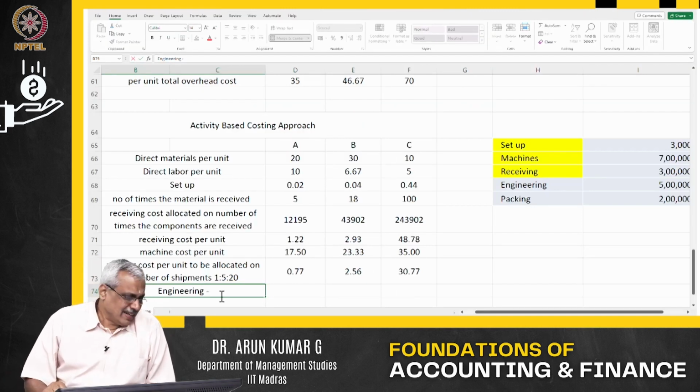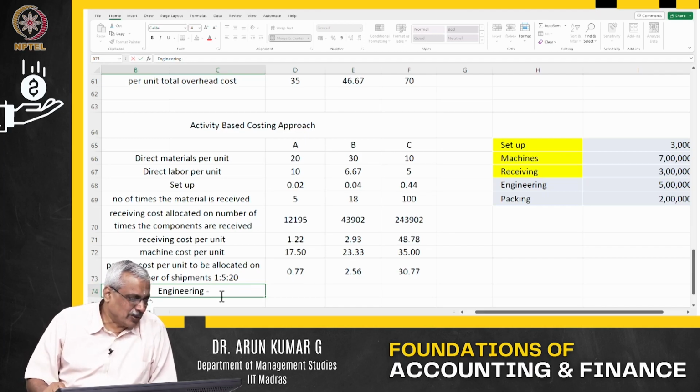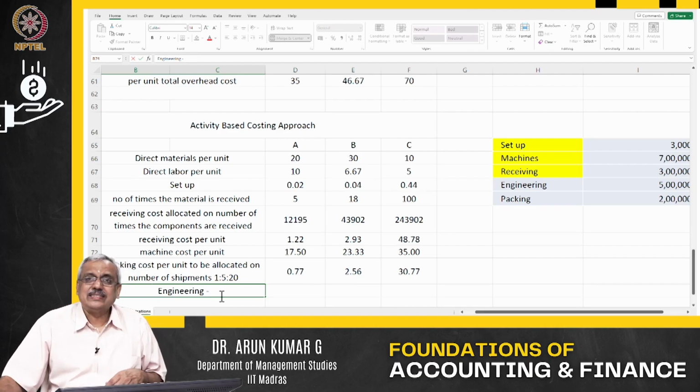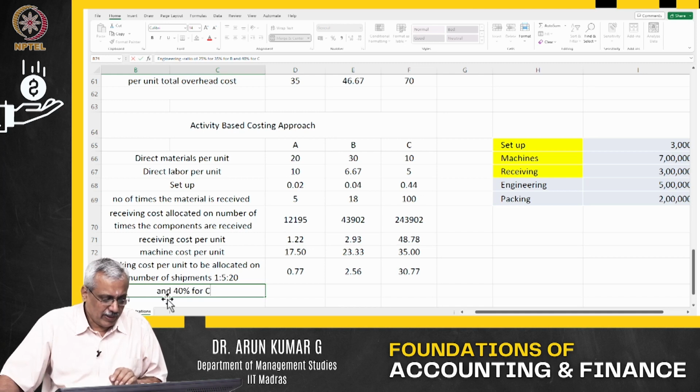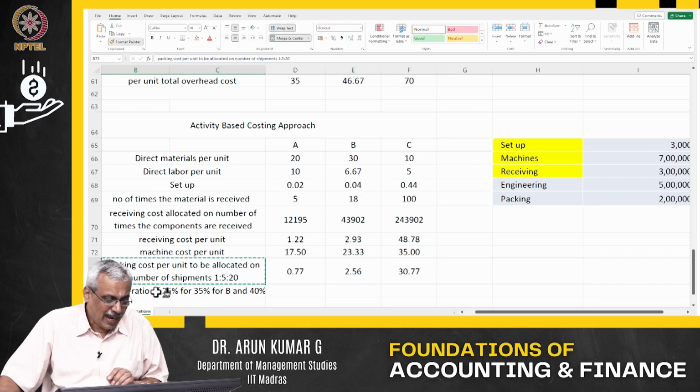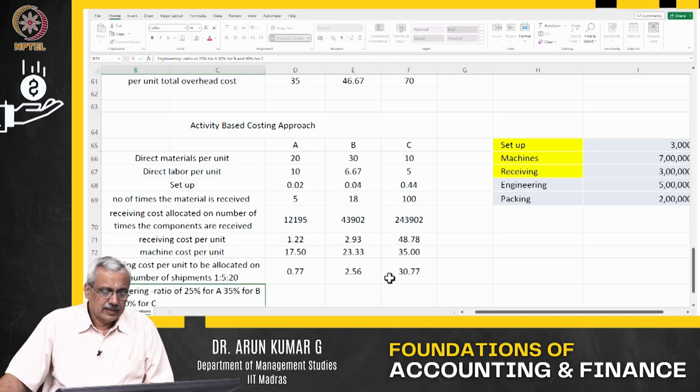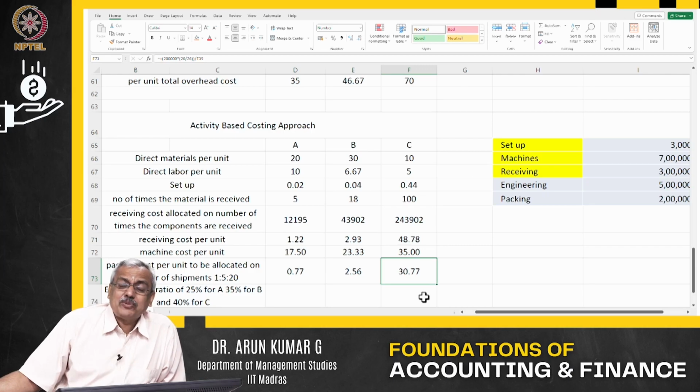And the production manager says that normally the engineering workload is divided in the ratio of 25% for A, 35% for B, and 40% for C. Please note, I have used a subjective assessment again in this particular case. 25% for A, I had just missed out A there. So it could be subjective.